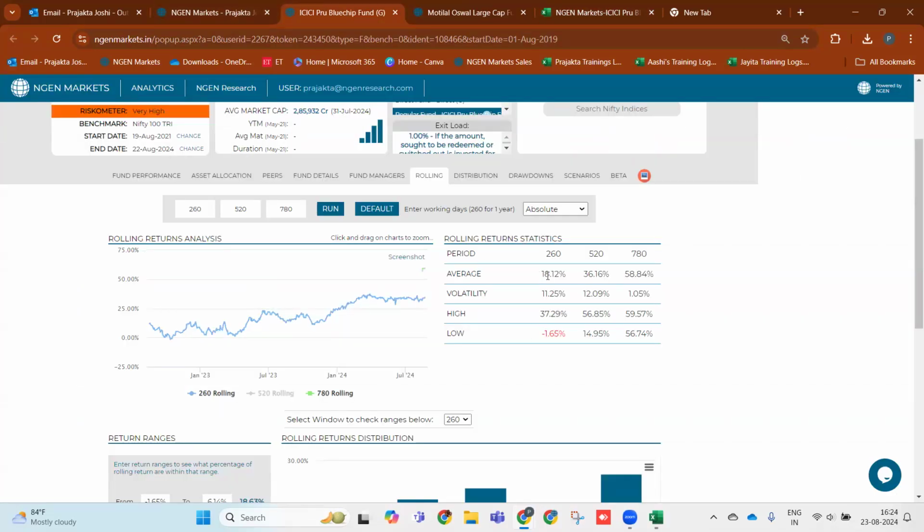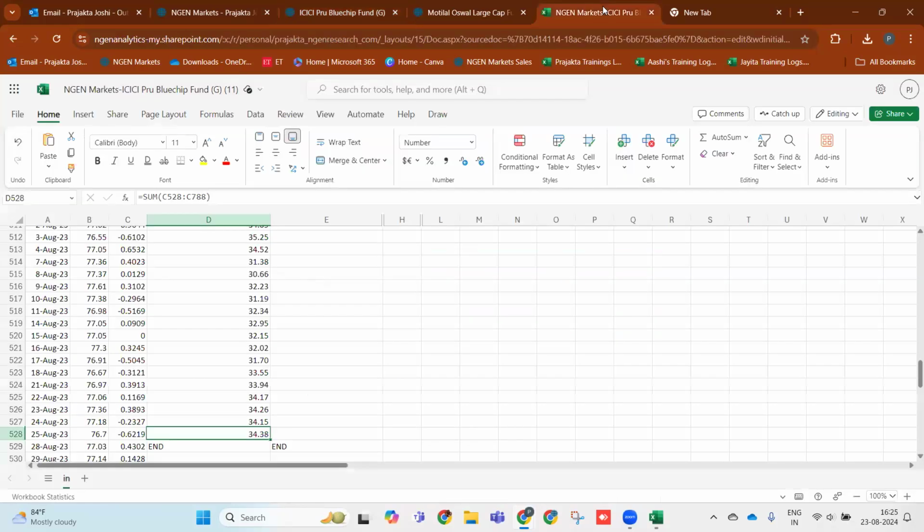Now, the statistic that you see right here, the average of the 260-day time period, is 18.12%. How do we arrive at that? You simply take an average of this entire line chart, right? So if you build an average formula here, you'll get to the 18% average. So let's build that.